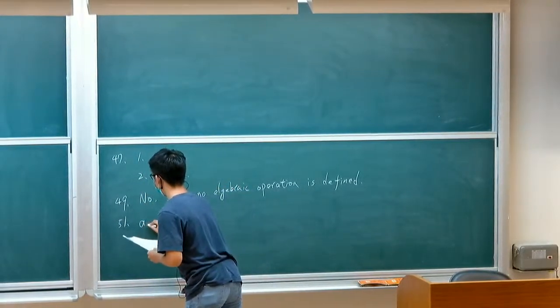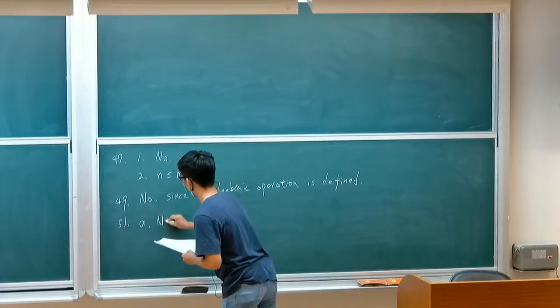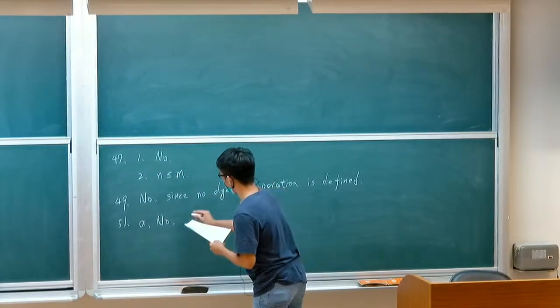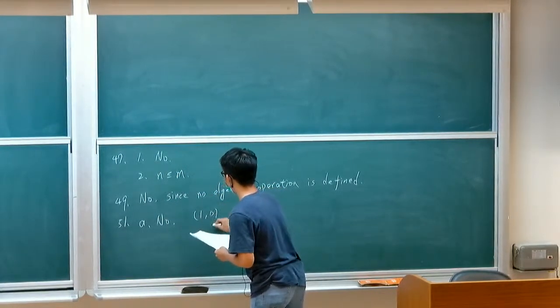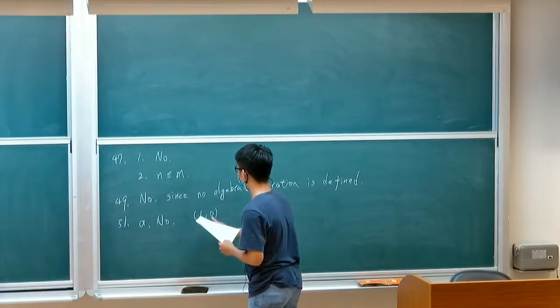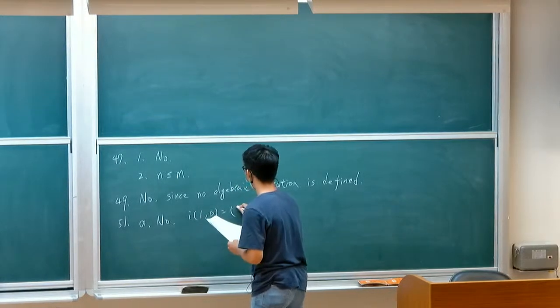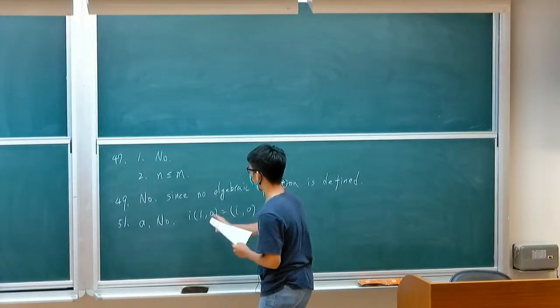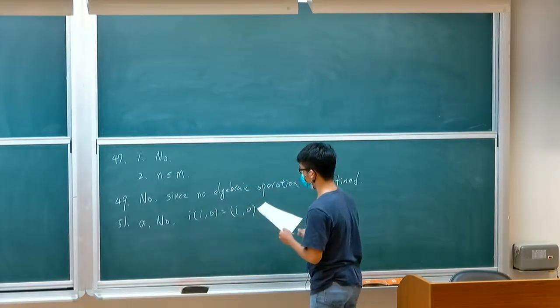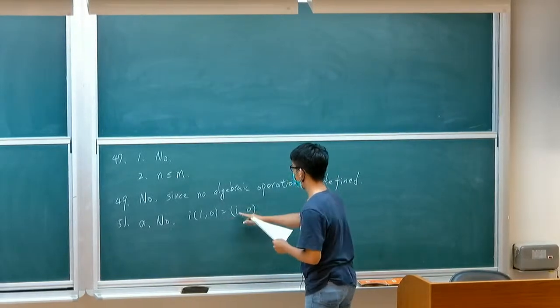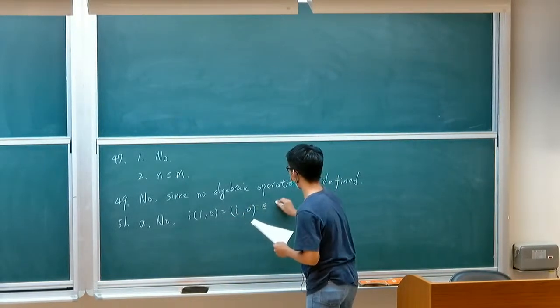For part A, no. If you multiply any vectors with a complex number, then the elements of these vectors will become complex numbers. So for this case, i(1,0) is not in R2.